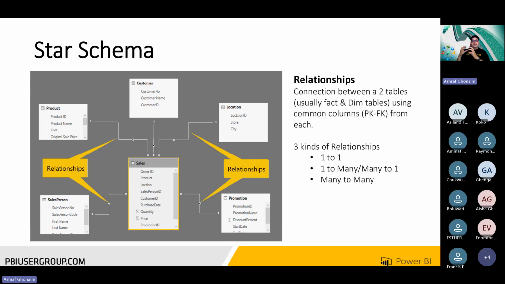Okay. And the relationship basically is the anchor. It's the association, the column from the dimension table, which is the primary key in the dimensional table, to become a foreign key in the sales transactional table.